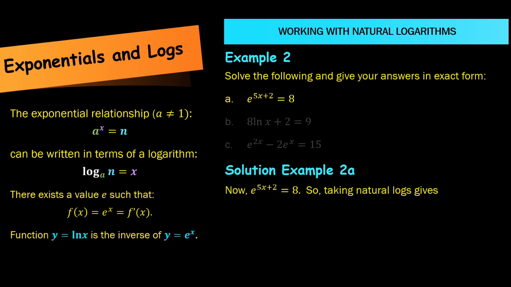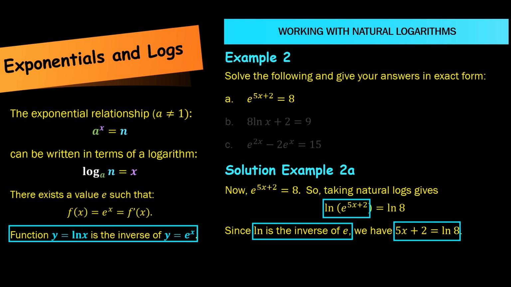Now e to the power 5x plus 2 equals 8, when taking natural logs, gives us ln of e to the power 5x plus 2 equals ln of 8. And of course, since the natural log is the inverse of e, we have 5x plus 2 equals ln of 8.